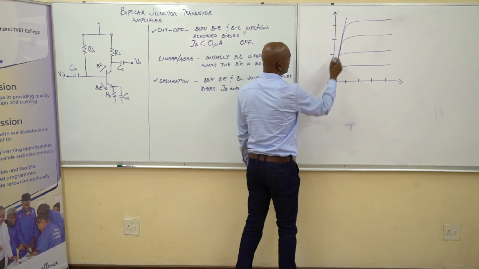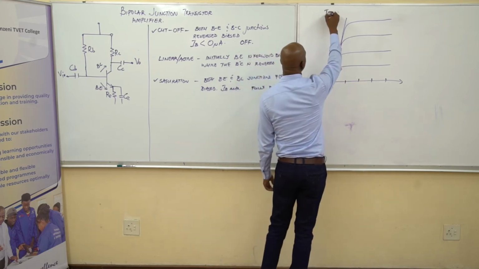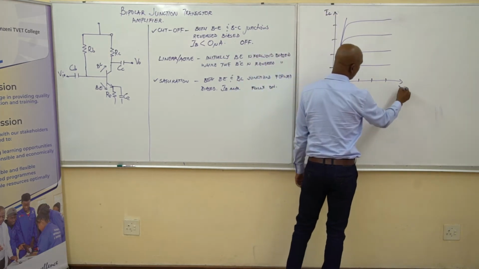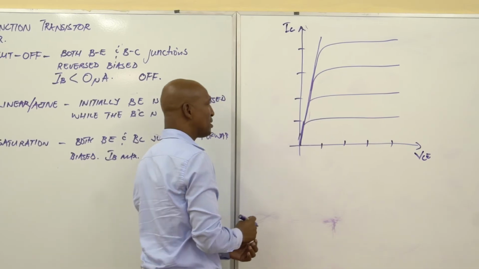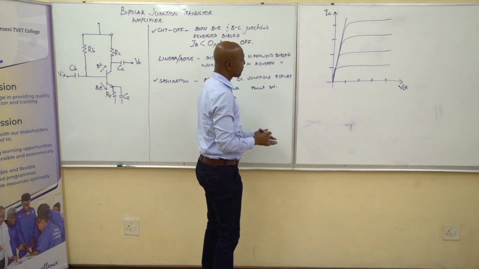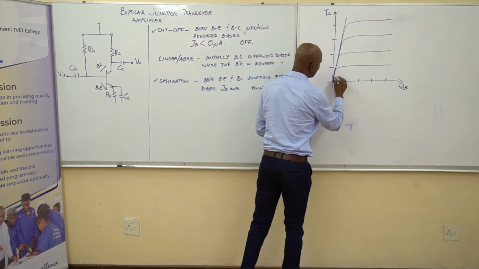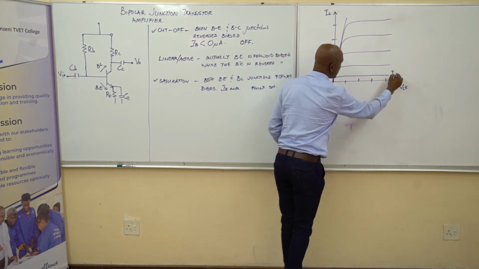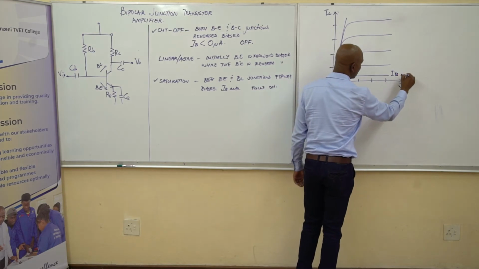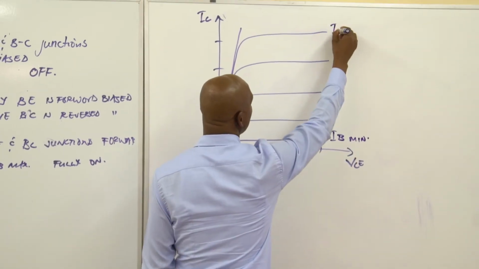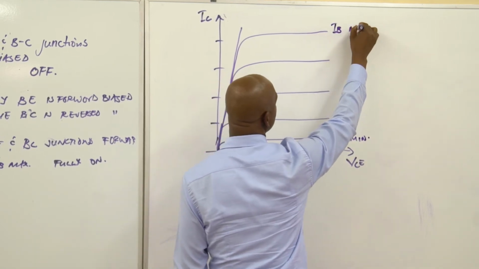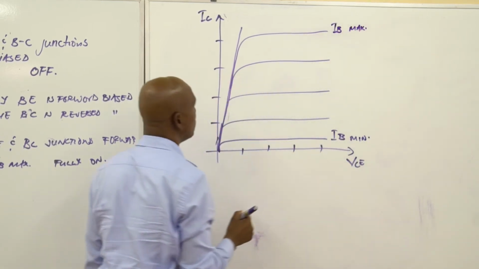So, from there, we have our output current IC, we have our output voltage VCE. So, it simply says that if I were to raise IB to be minimum, IB at its minimum, and if I continue somewhere here, I will have IB to be maximum.